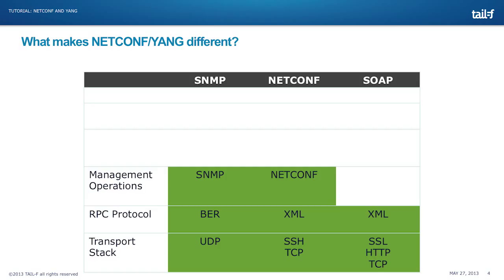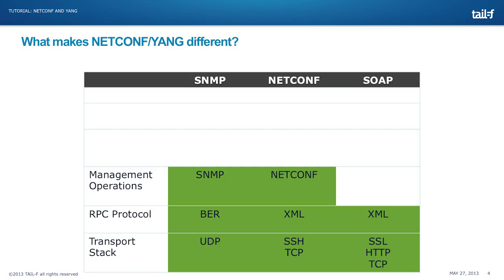SSH is a well-known industry standard security protocol. NETCONF has carried over that standard. SOAP, well, we do have TCP. On top of that, we run HTTP and SSL. So we have some reliability, we have some security there. How do we express the protocol itself, for sending RPCs to the device to execute?